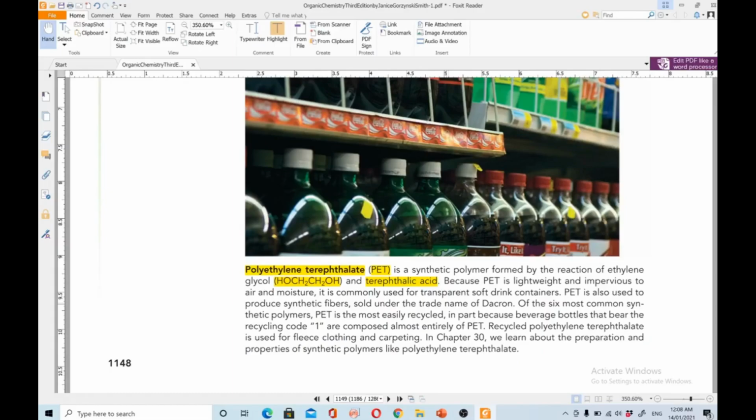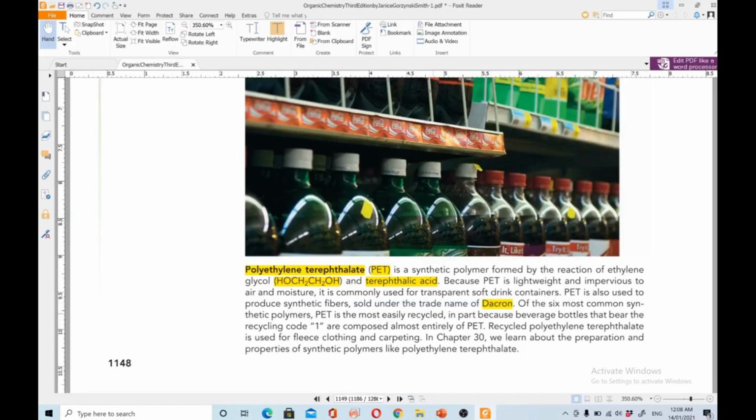Because PET is lightweight and impervious to air and moisture, it is commonly used for transparent soft drink containers. PET is also used to produce synthetic fibers, sold under the trade name Dacron.